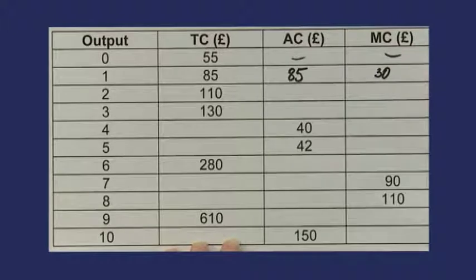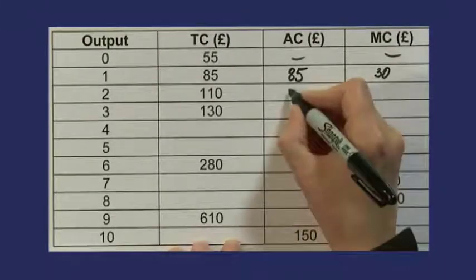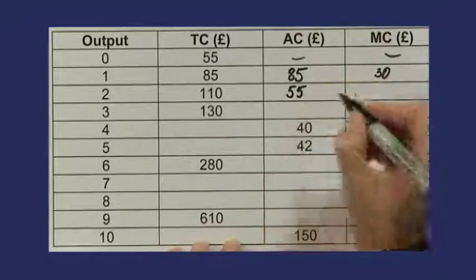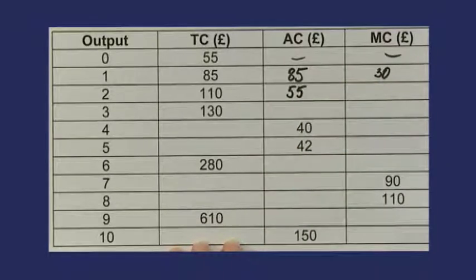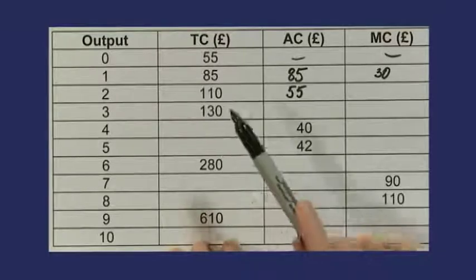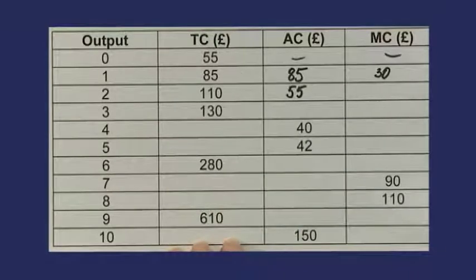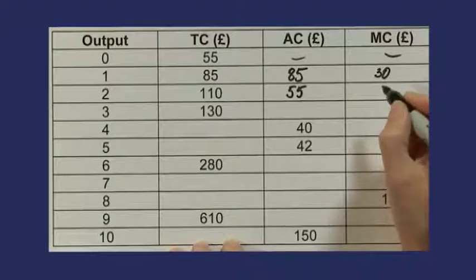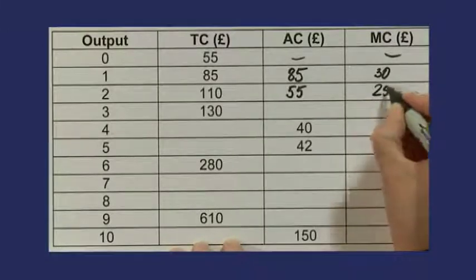We move on. When output is 2, we've got total cost of 110 and average cost of 55. Why is that so? Because we divide 110 by 2 units of output and we get this. What's marginal cost? It's the difference between total cost between the second and the first unit of production, so marginal cost is 25.